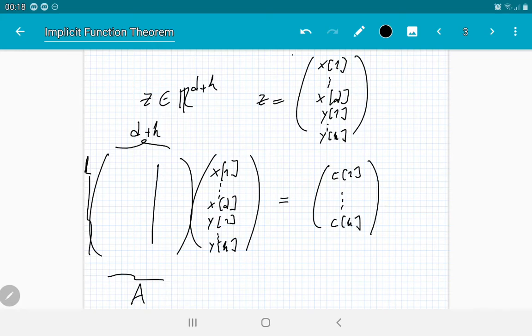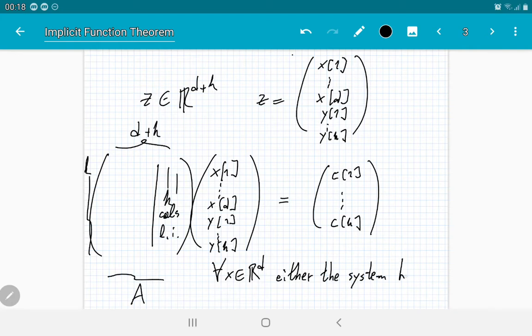The theorem is this. Suppose that the last k columns are linearly independent. If you don't remember what that means, well, look it up. Suppose these columns are linearly independent. Then, for all choices of x in R^d, either the system has no solution or there exists a unique y in R^k with z equals (x, y) a solution.